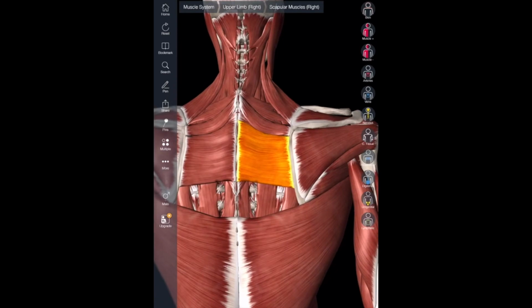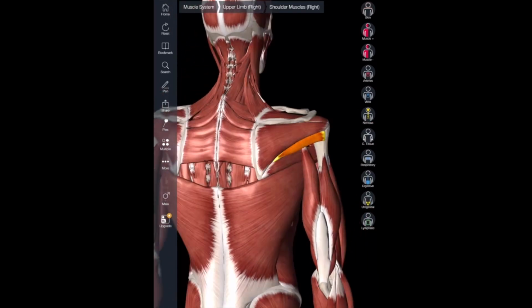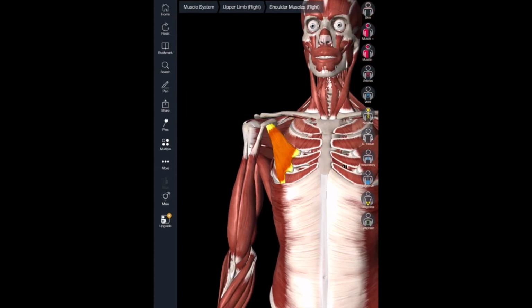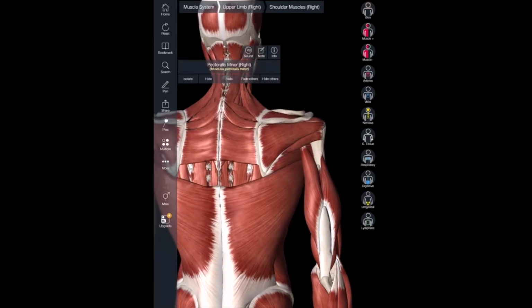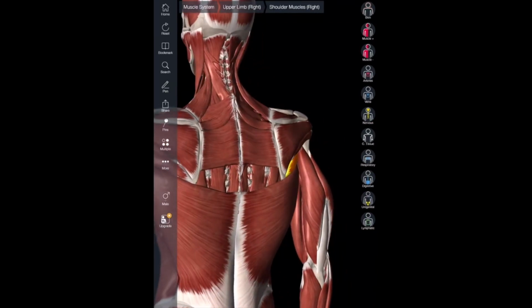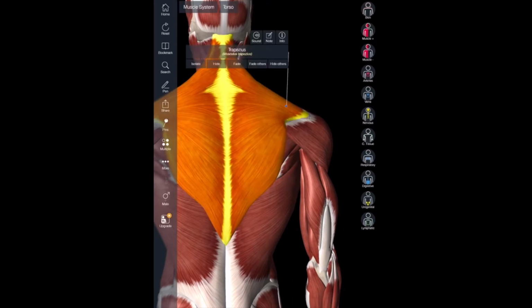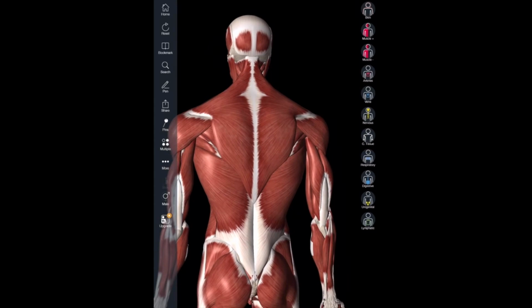Latissimus dorsi, rhomboids, levator scapula, the rotator cuff muscles, infraspinatus, supraspinatus, teres minor, subscapularis, pec minor. What else do we have in through here? Oh, pec major, right here. If we put more on, we have the most superficial muscle, trapezius, most superficial muscle of the upper back.